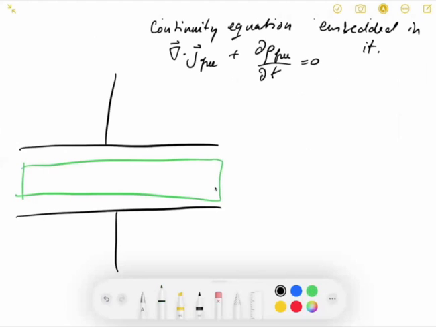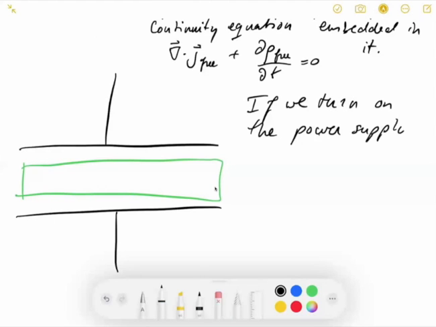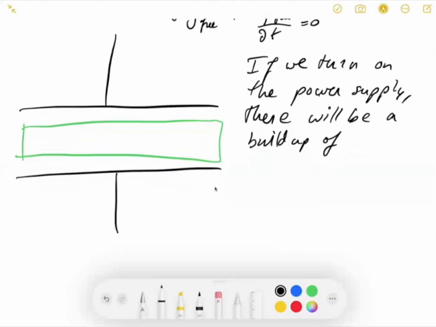And now if we turn on the power supply, there will be a buildup of rho and sigma polarization and P field.